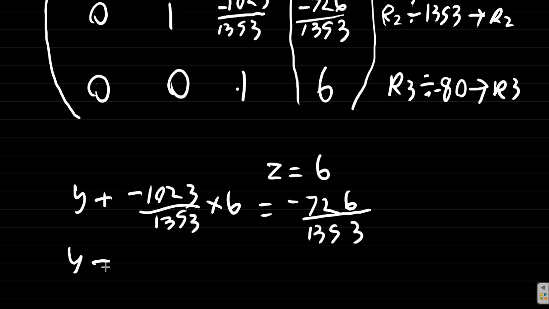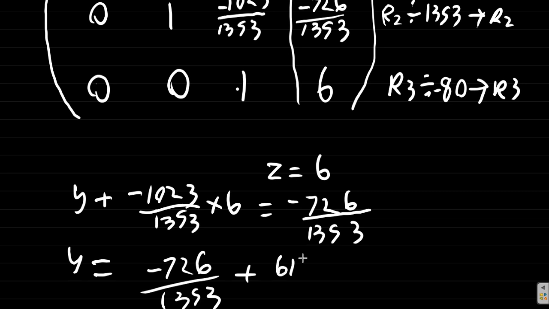We have y equal to negative 726 over 1353 plus our 1023 times 6, which will give us 6138, so plus 6138 over 1353.